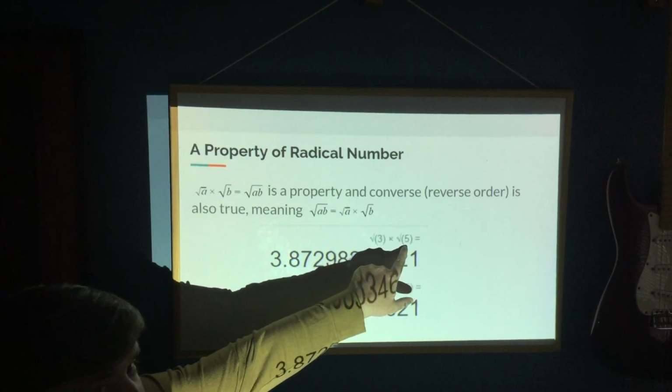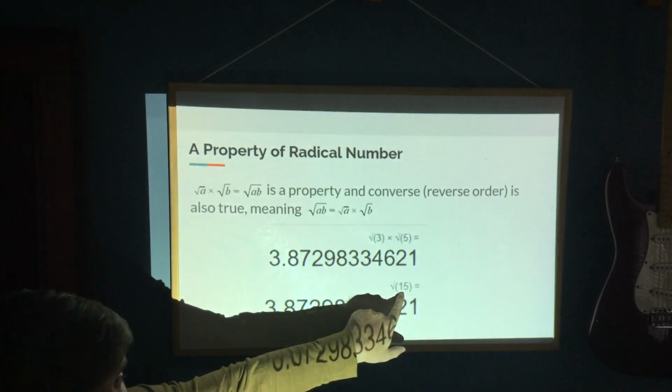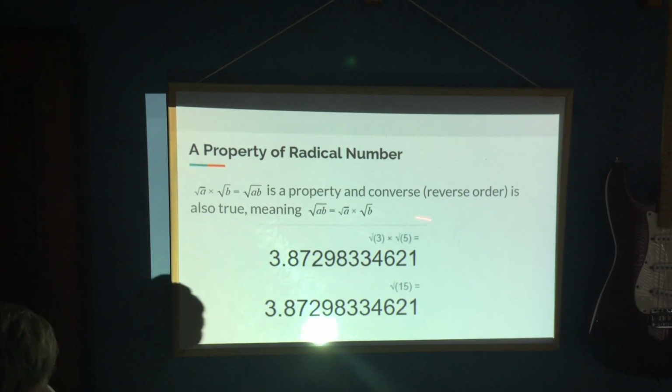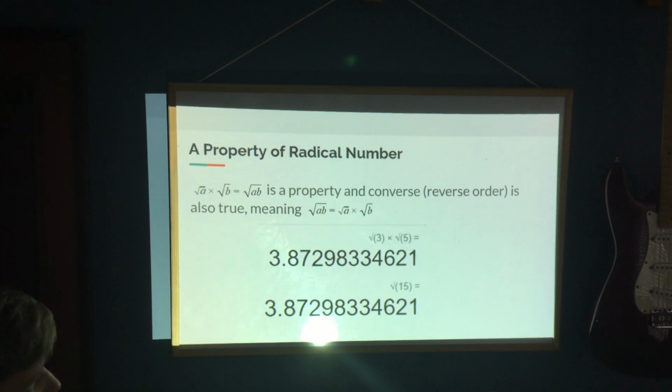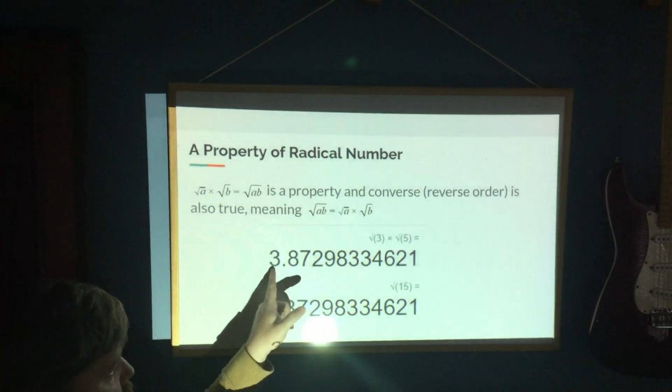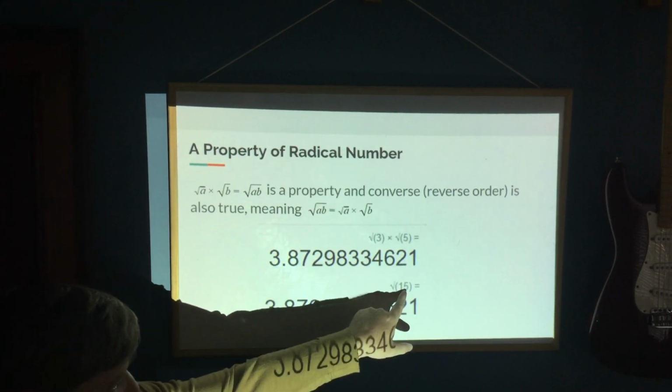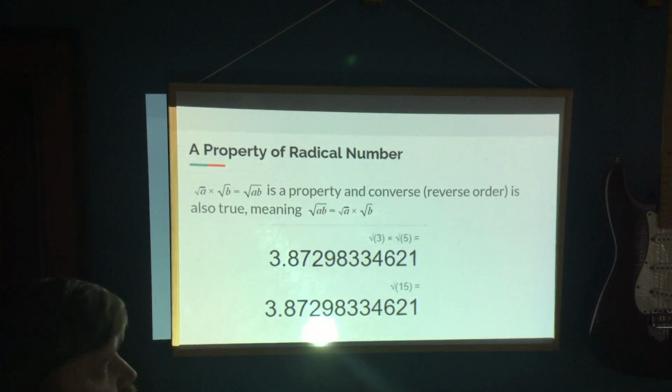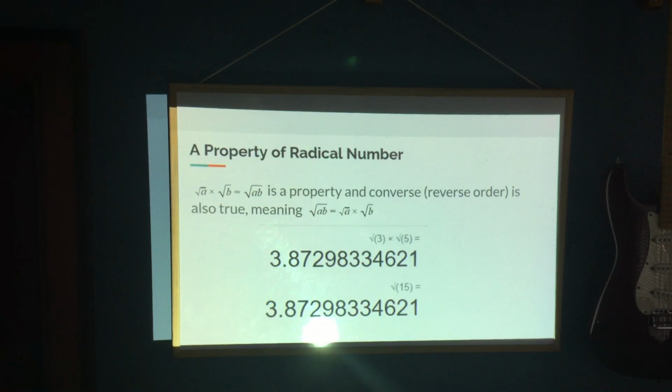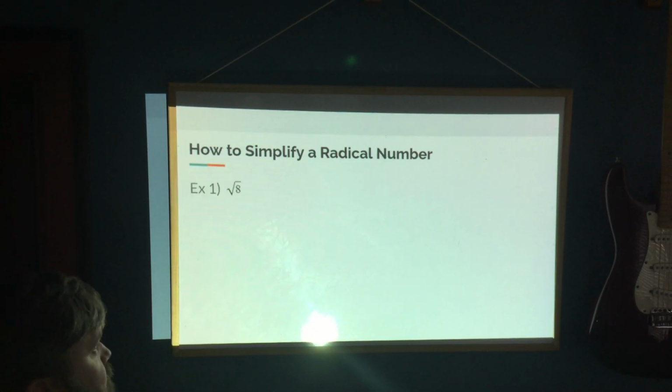A times B is 15. The square root of 15 is the exact same number. So you can see an example where it's true. A times B equals this. AB, the square root of it, equals that. Okay. So let's look and see how we can actually simplify these.